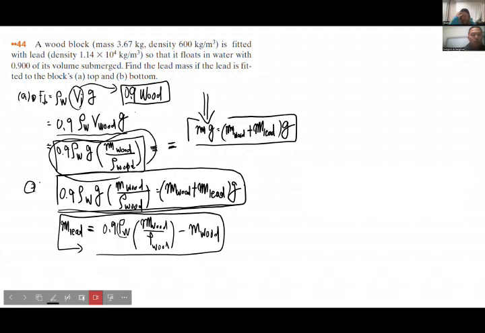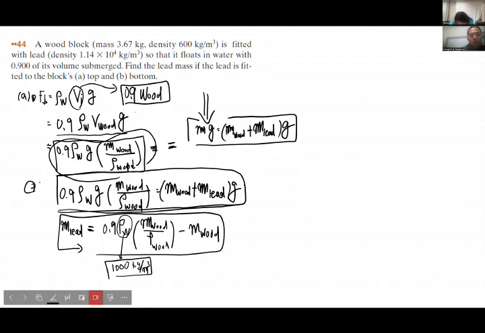So the density of the water, how much is that? It doesn't have the number, but usually we already know the density of fresh water, 1,000 kilograms per cubic meter.